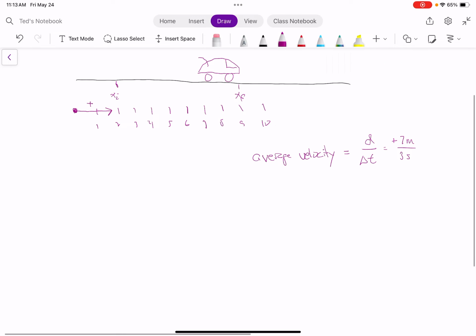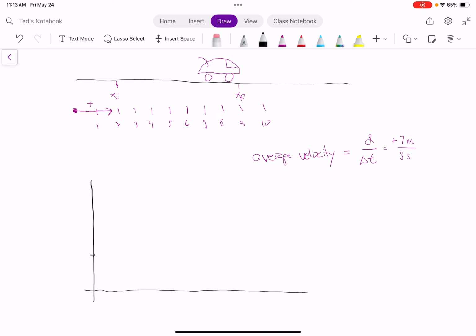Now I want to try to imagine what a graph of that motion would have looked like. I started at 2 meters and I went forward, which means my position increased, and then I went backwards, which means my position decreased, and then I went forward again, and then backwards again, and then forward again, and we started at 2 meters, and we ended up at 7 meters.